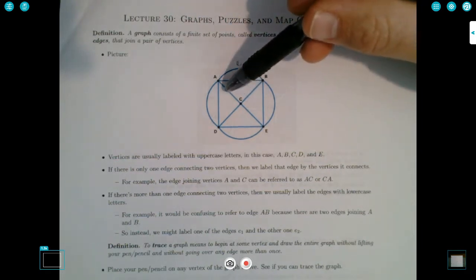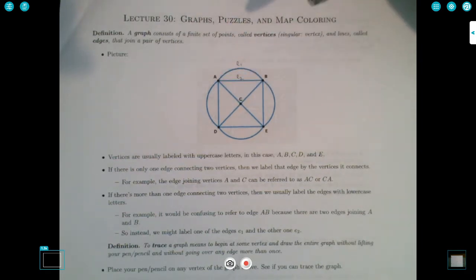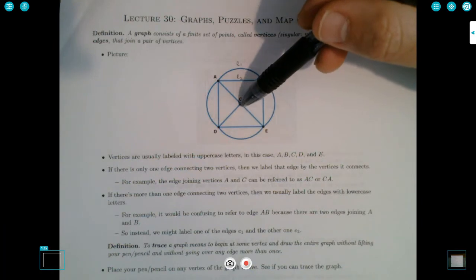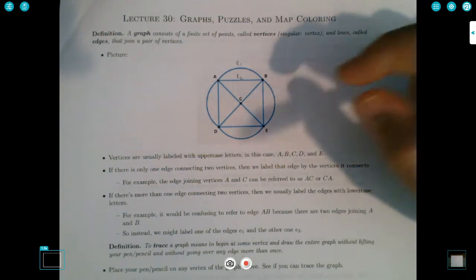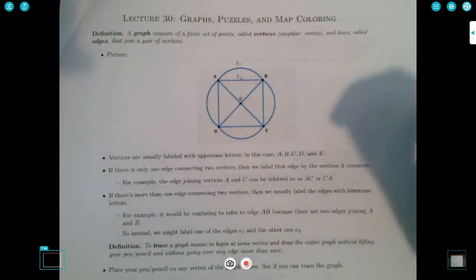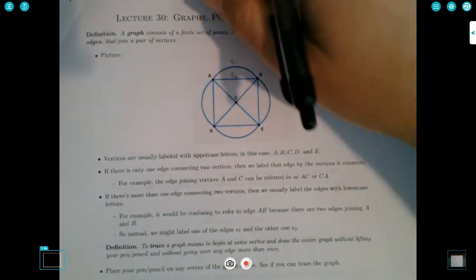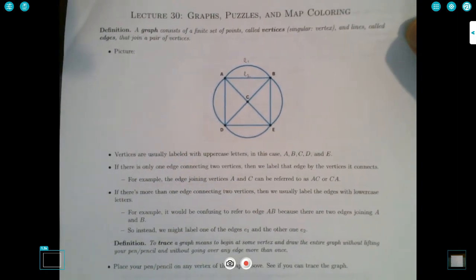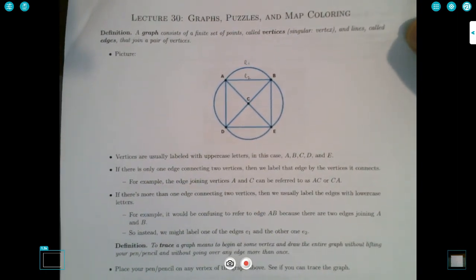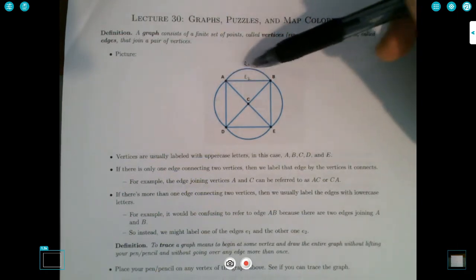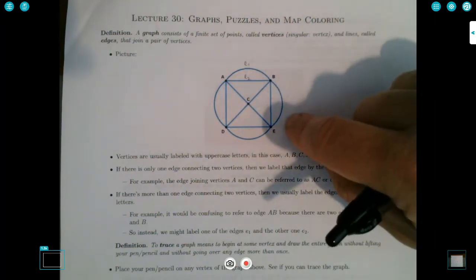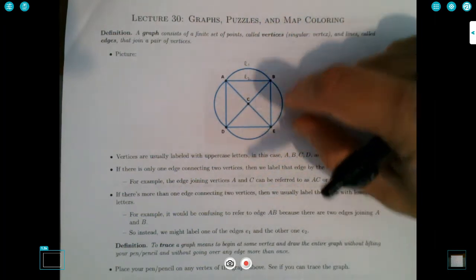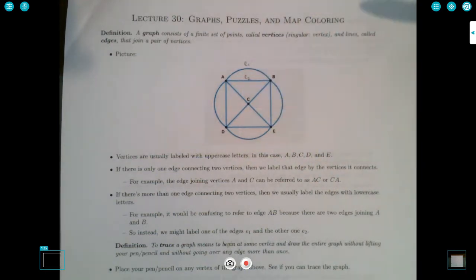In graph theory, we consider this edge that joins A and C to be completely and totally different from this edge that joins C and E. In fact, when you're dealing with graphs like this, you're allowed to kind of move edges around and stuff, as we'll see in an example below. Okay. So the point with graph theory is not so much to focus on distances or anything like that. So this is a figure that you should think of as being totally malleable. You can take the points and kind of move them around as long as you don't break any edges or anything like that.